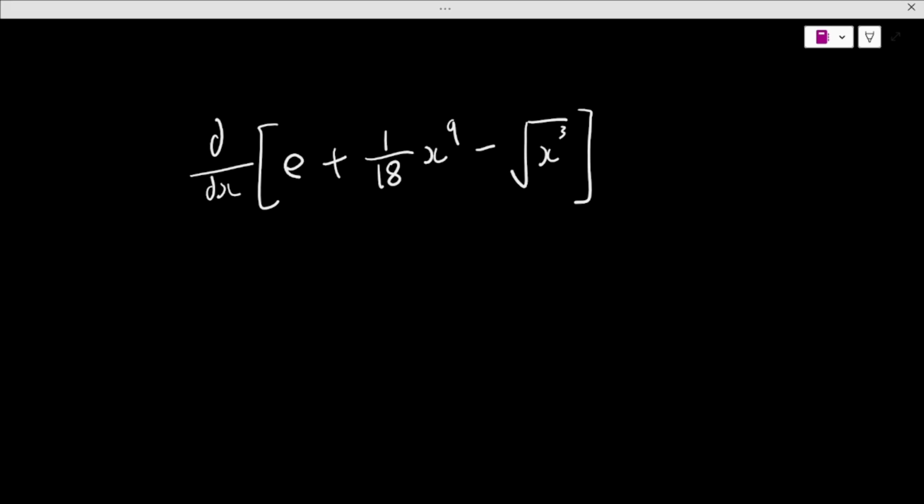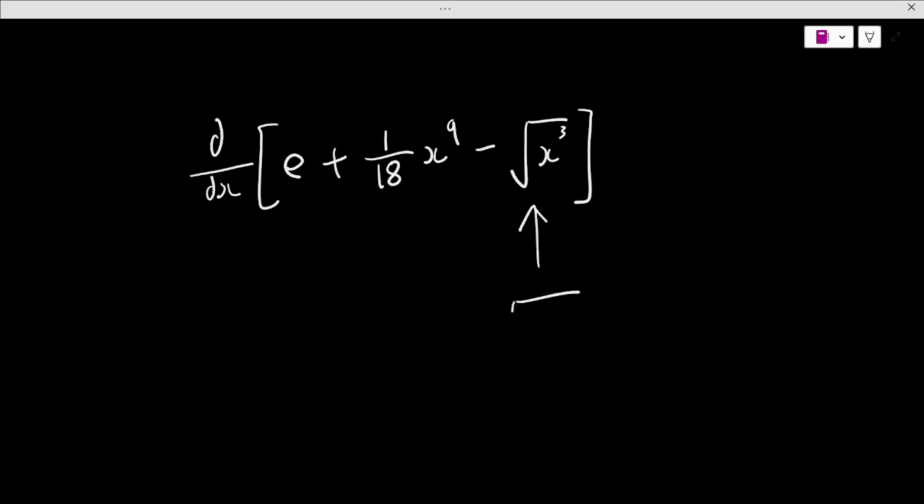Next, we have an issue. We have a square root over here. We can't differentiate this directly yet. Using the power rule, we have to bring the power down, minus 1, but this is only for when it is in the form x to the n, where n is a known constant. Sorry, where n is a constant. So can we re-express the square root of x cubed into x to the n? Well, yes.